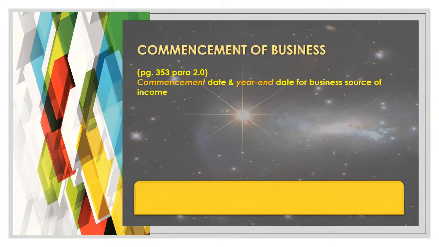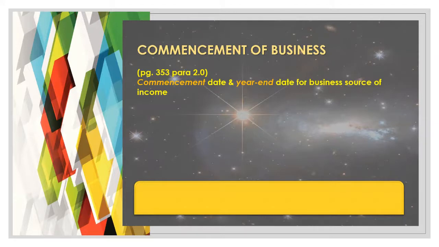Only in January 2020 do you start to do your business. So that's why it's important to identify the date of commencement of your business. You have to identify the activity where you start doing your operation.